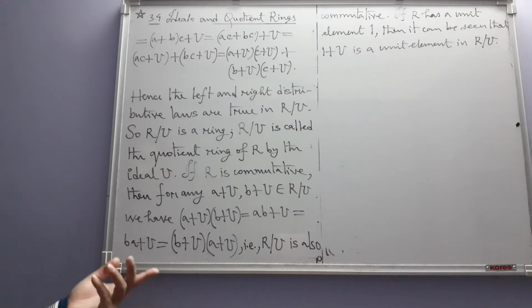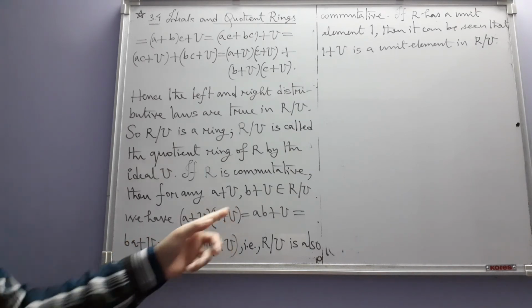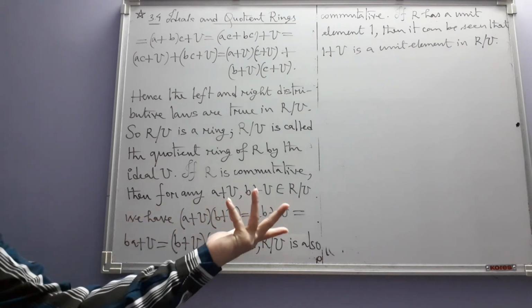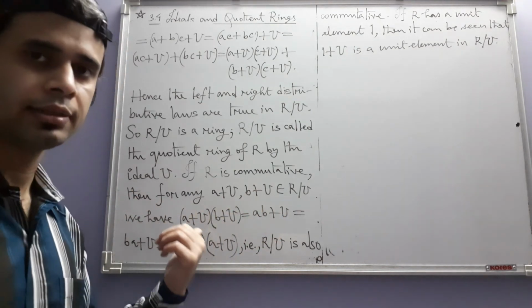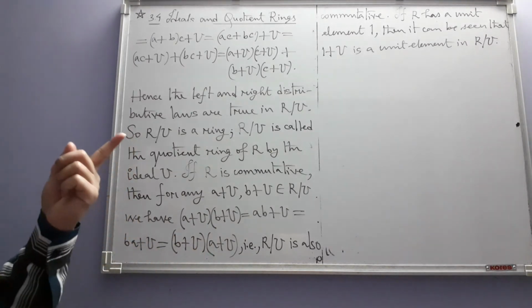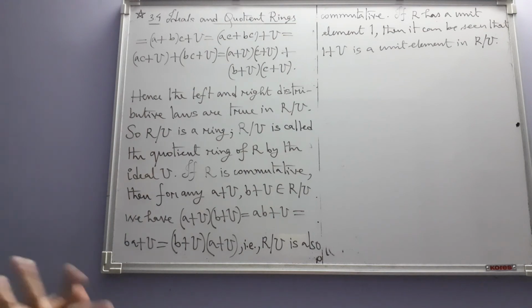You take the product of any such product where one of them is 1 plus u, and you can see from that itself that you will get back the other element. So 1 plus u acts as the unit element of R by U if R has a unit element 1.